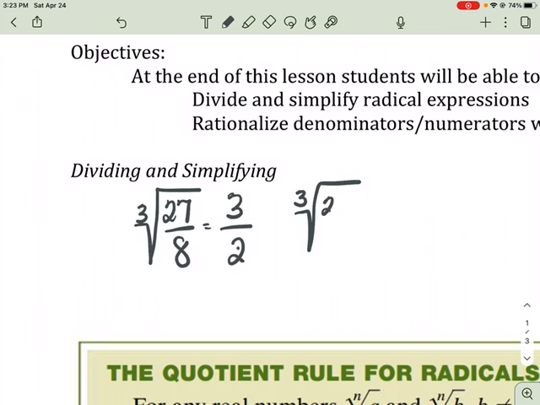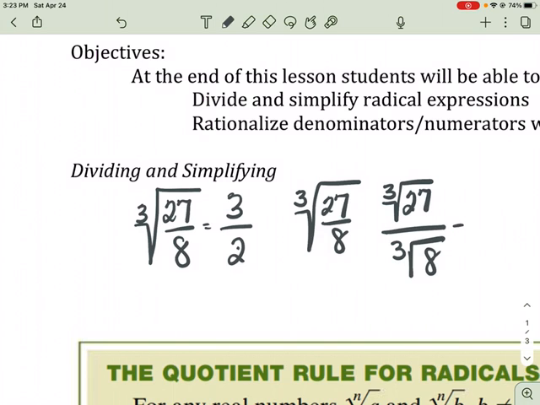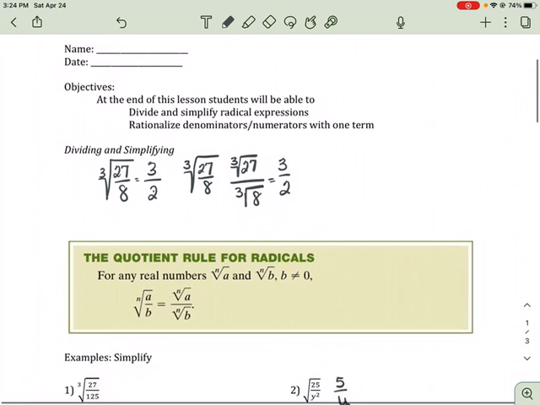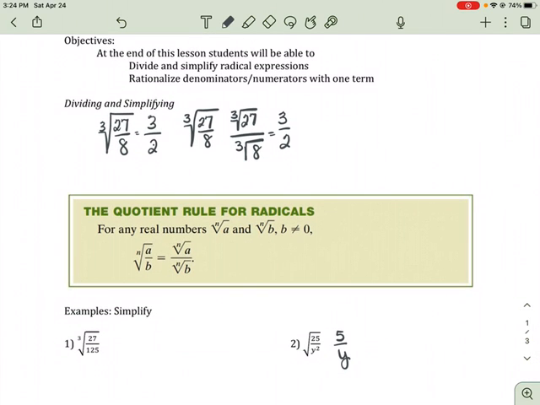We can also write the cube root of 27 over 8 as the cube root of 27 over the cube root of 8, which is 3 over 2. So we can do it as an entire thing, or you can separate it and do each one individually. That's what our quotient rule is: you're allowed to either do it individually or do it as an entire fraction.